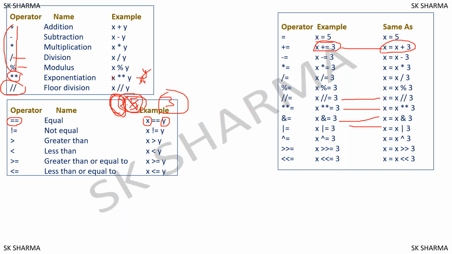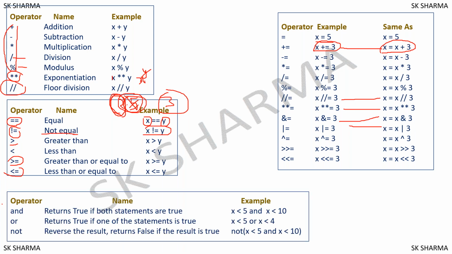It gives us true if both are equal. If both are not equal, the operator is not equal, written with an exclamation mark. Then there is greater than, less than, greater than or equal, and less than or equal.